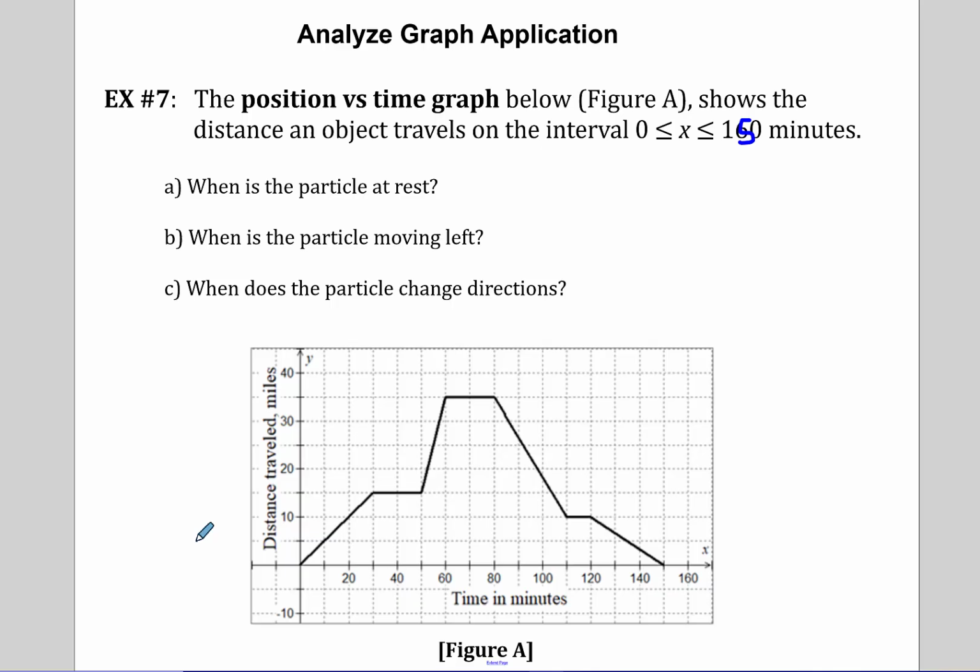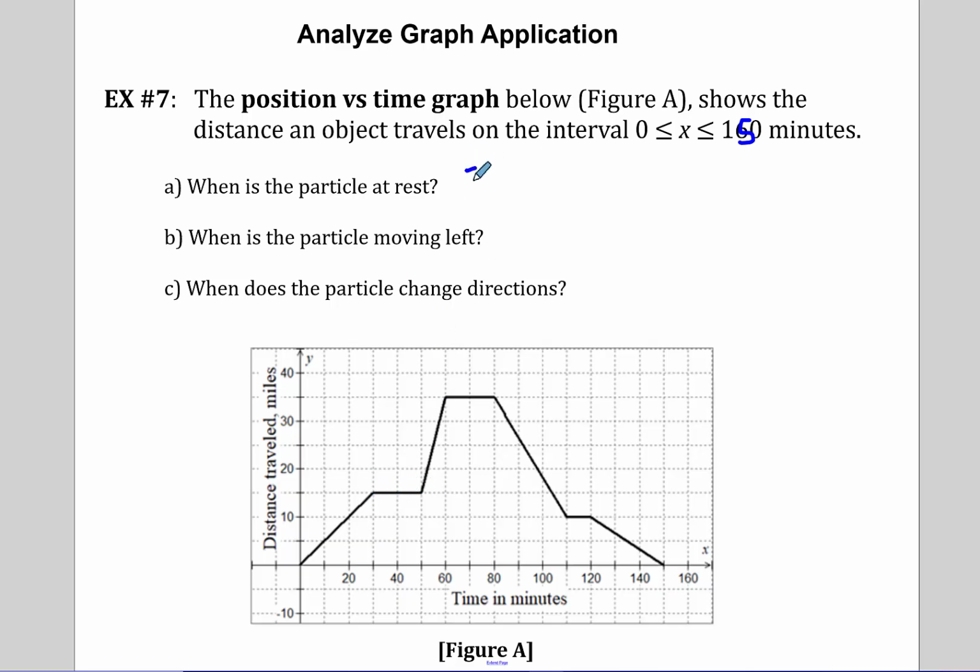So you can tell here that your object traveled from 0 to 15 miles, and it took the vehicle 30 minutes to go from 0 to 15 miles. But then in between 30 minutes and 50 minutes, it didn't travel any distance at all. It stayed at 15 miles.